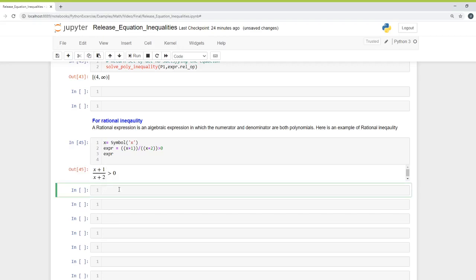Take the numerator and denominator polynomial from this into two variables, numer and denom, equal to the LHS from our left hand side. The right hand side is 0.